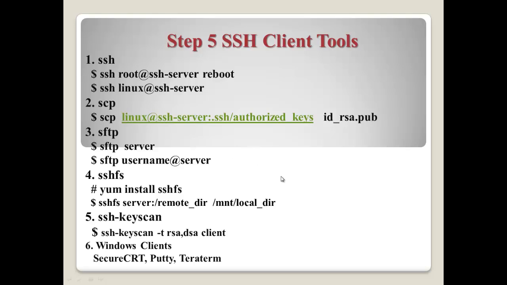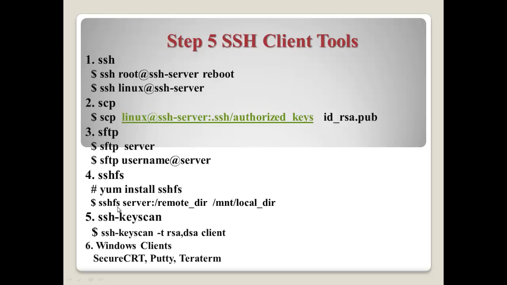Step 5, SSH client tools. Here there are many tools. SSH, I already used this one, and SCP also. And SFTP also supports the secure FTP channels. Here there are two kinds, SFTP server, and username. Number 4, SSHFS. To use this one, you need to install this package, SSHFS.